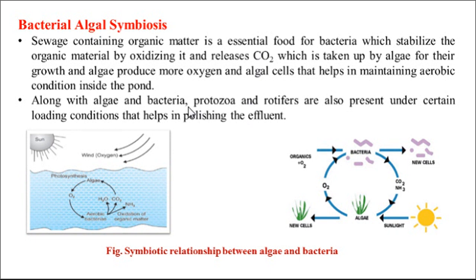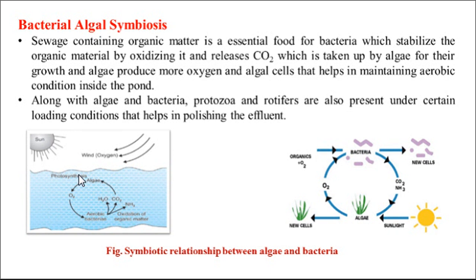Now see, this is one figure. These are the wind currents which are flowing, and due to the wind current the air is coming in contact with this wastewater, and due to that the oxygen present in the air may get mixed with this wastewater. Now inside this water there is algae.